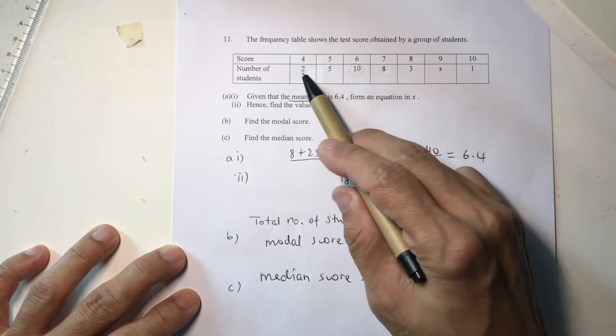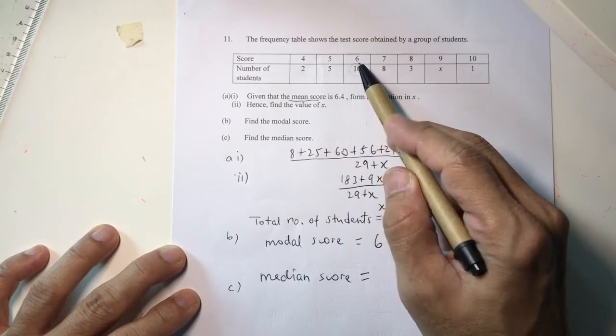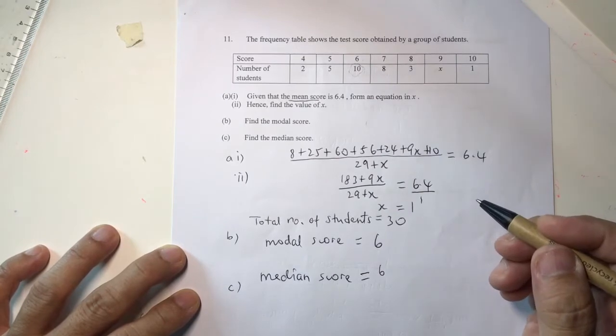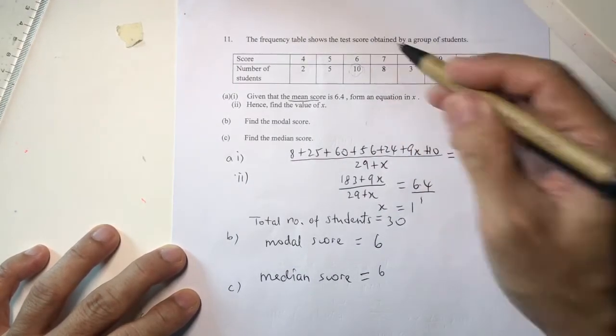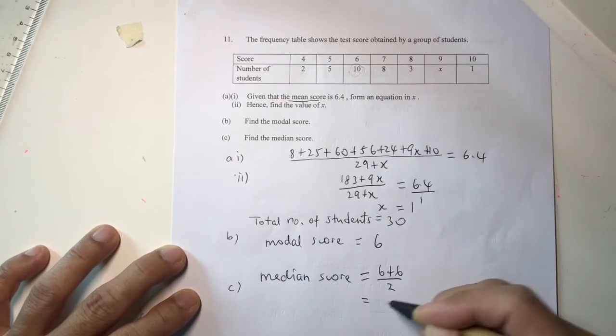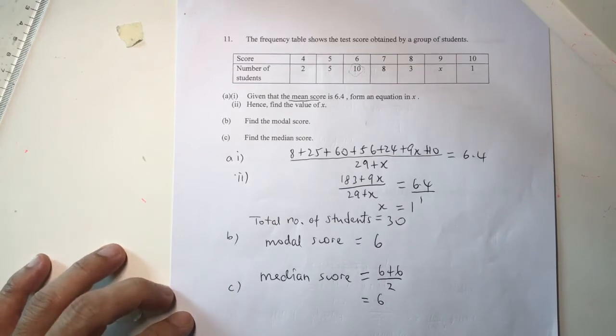Total 17 scores here. So the 15th score is a 6. And the 16th score is also a 6. So the median score is therefore 6.